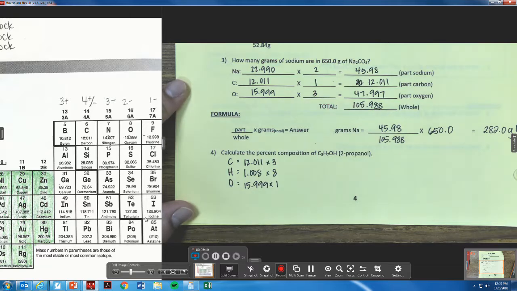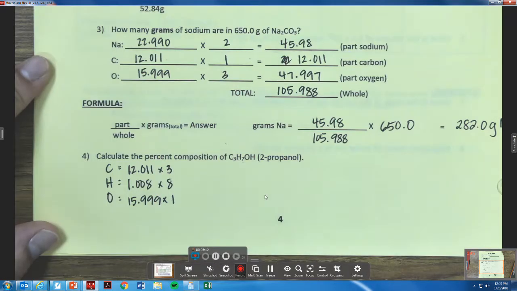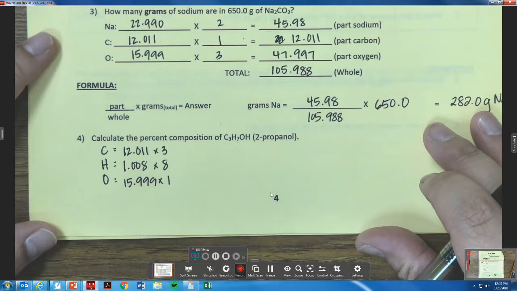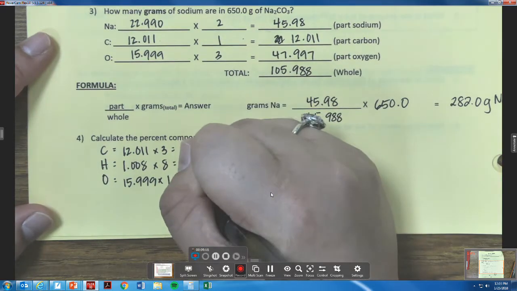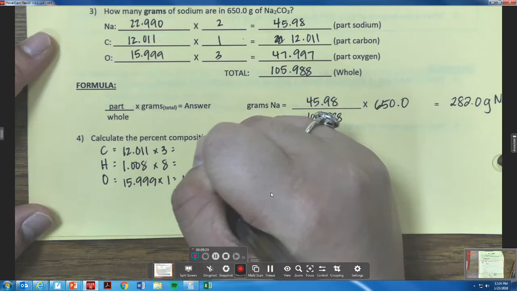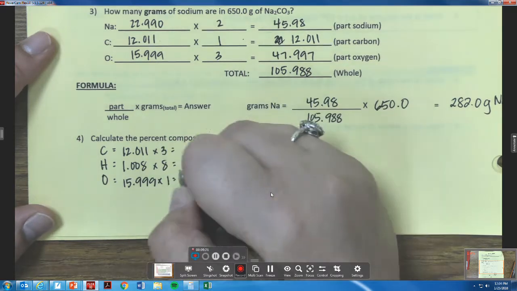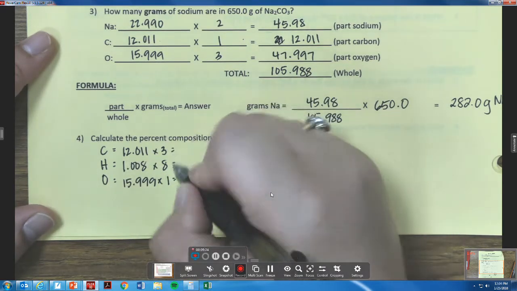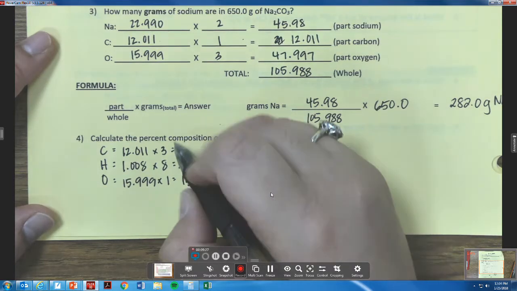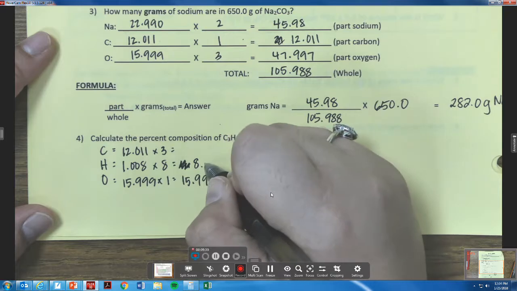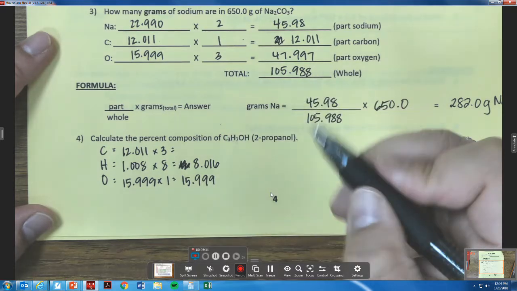So we're going to multiply all those up. This one stays the same, 15.999. For hydrogen, 8 times 1.008 is 8.016.